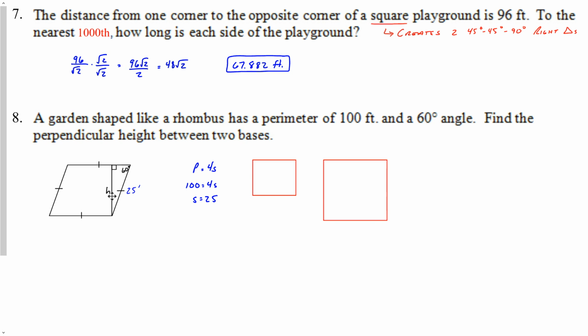It would end up being perpendicular to both the top and bottom sides of this rhombus, because those are parallel sides of a rhombus. So what it really creates is a 30, 60, 90 triangle that you know one of the side lengths for, and now you should be able to figure out that height between the two bases, what I have labeled as h. So please go ahead and do that right now.